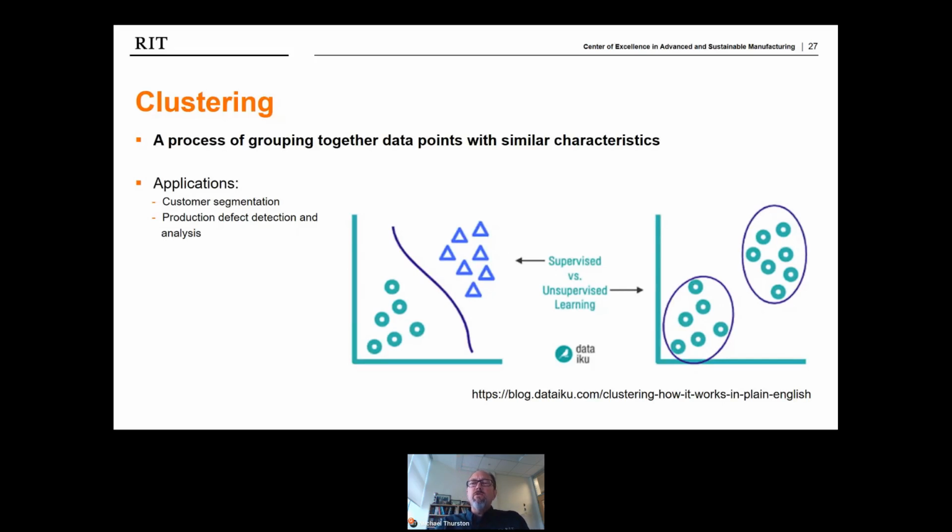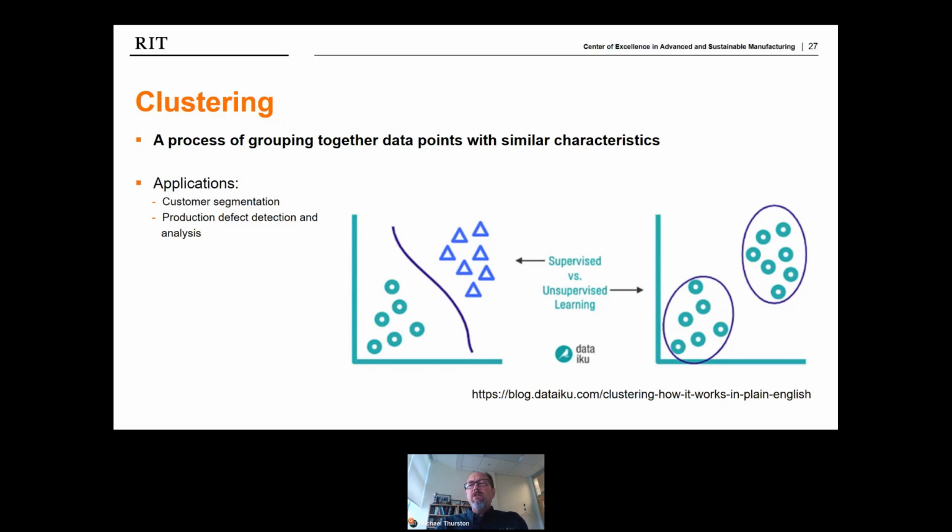This can be useful for grouping of customers for marketing purposes, by pricing or lead time prioritization, or for detecting production defects, among other applications. Once you have a model built, again, based on training data, you test it to make sure it's valid, and then you can apply it to new data that comes in to determine which group that new data fits into and how you should treat it or handle that situation.